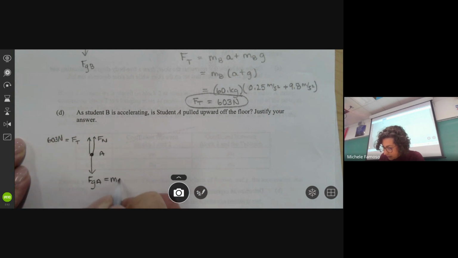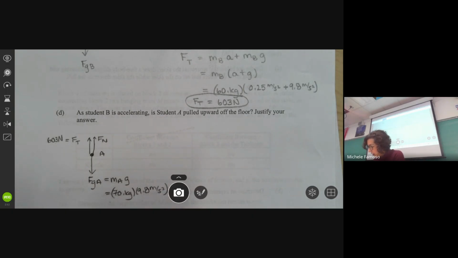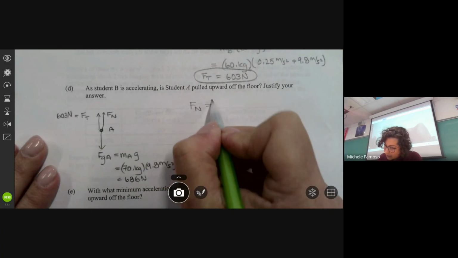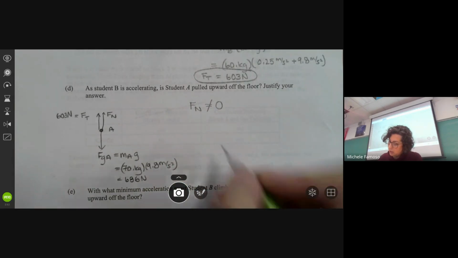Their weight would be 70 kilograms times 9.8 meters per second squared. 70 times 9.8 is 686 newtons, which means that the normal force is not 0.